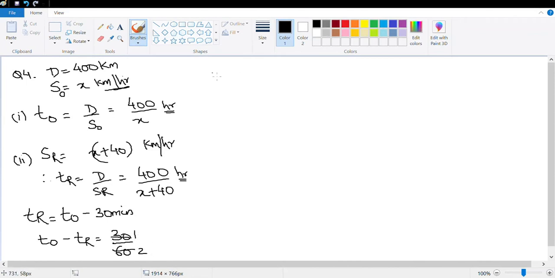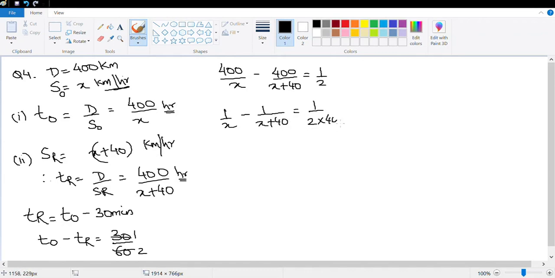Now let's substitute values. t onward is 400 upon x minus 400 upon x plus 40, and this is equal to half. Let's divide everything by 400. So this becomes 1 by x minus 1 upon x plus 40 is equal to 1 by 2 into 400. Perfect. I have divided everything by 400.